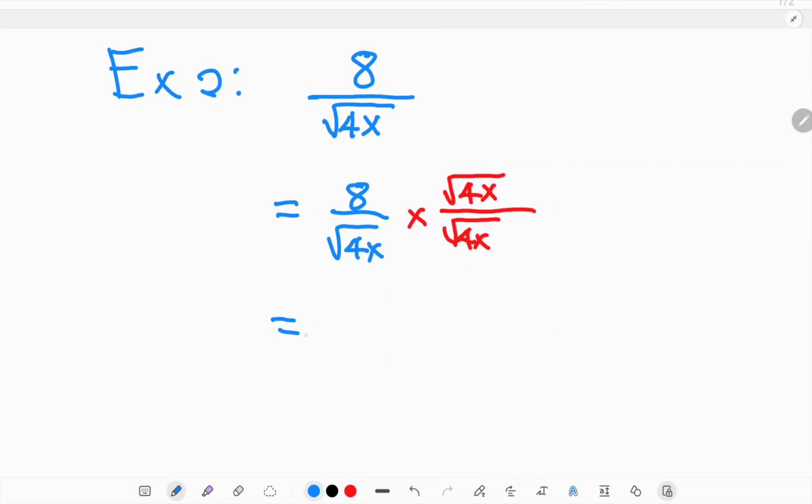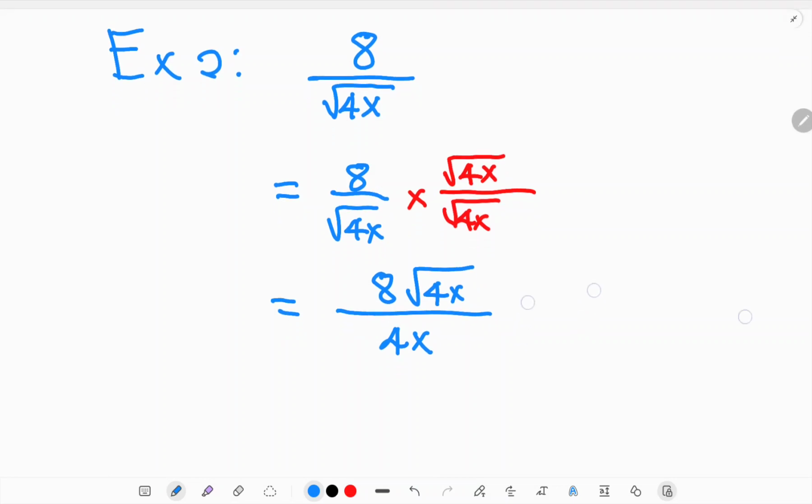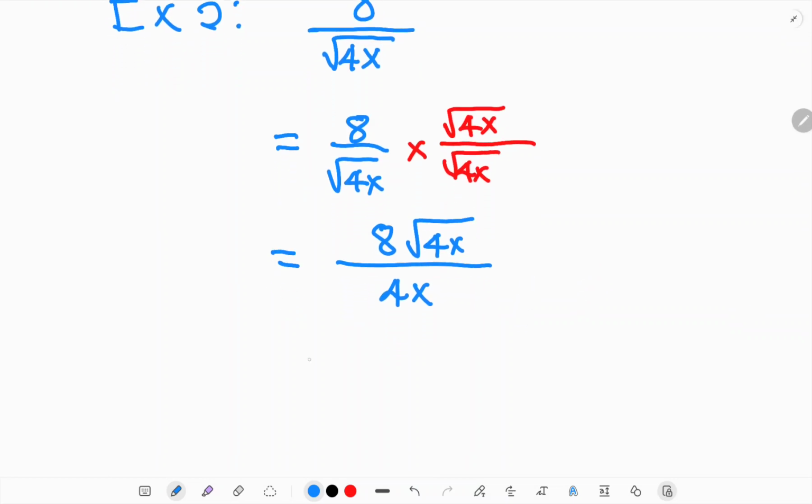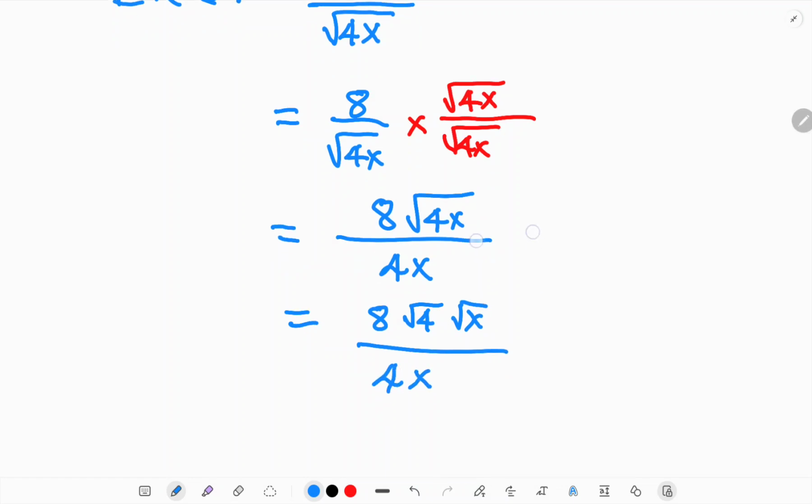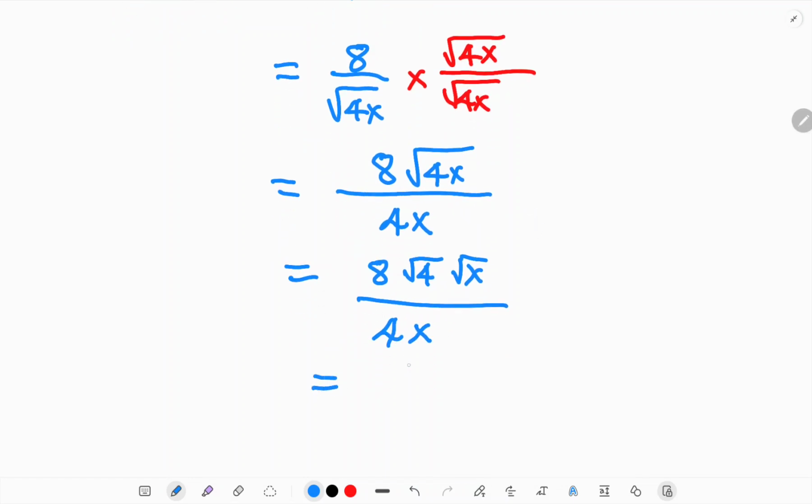And then this simply becomes 8 root of 4x over, what is root of 4x multiplied by root of 4x? It's just 4x, right? And then let's say we are required to simplify it to the simplest form. This would just become 8 root of 4 root of x over 4x, right? And then this becomes, what is this?